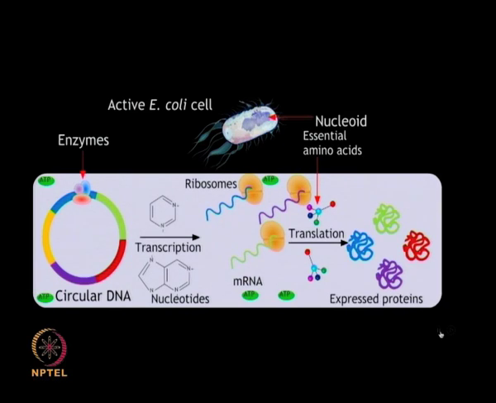The cofactors and enzymes such as RNA polymerase and peptidyl transferase are available in significant quantities due to the cellular process of transcription and translation taking place in the cell. As you can see in the animation, the two steps have occurred here, the transcription and translation, and the required material has been provided exogenously.